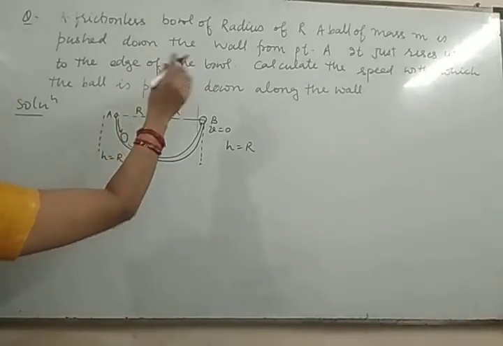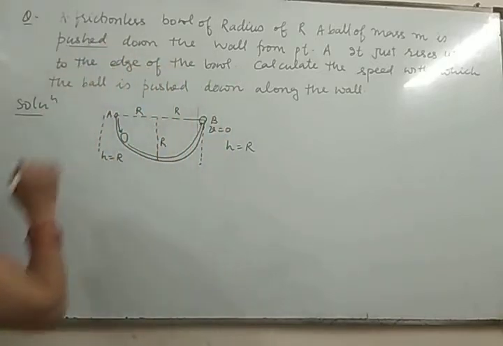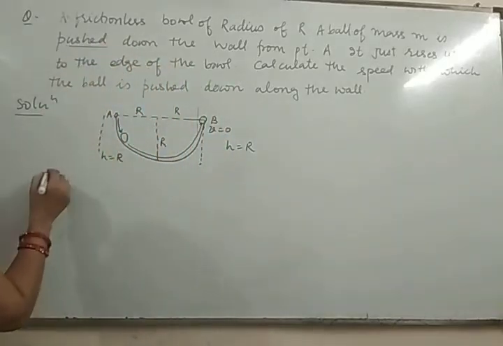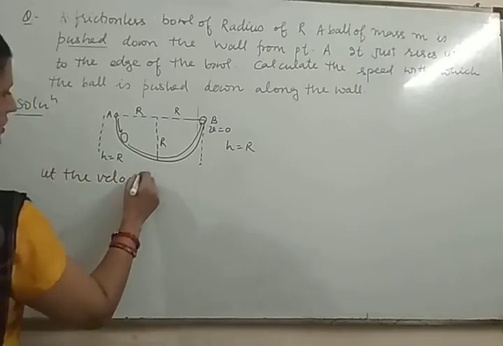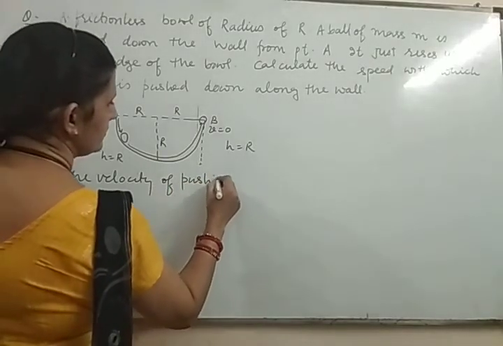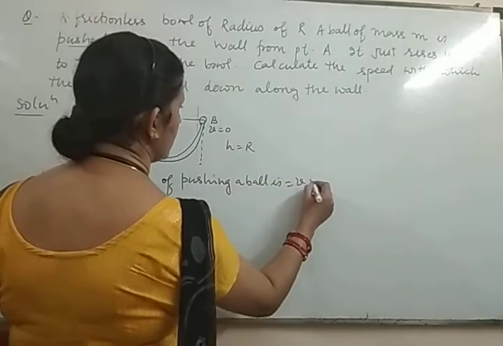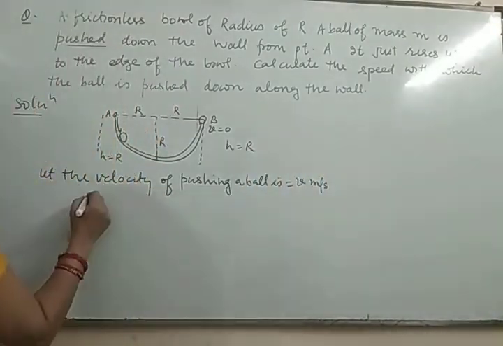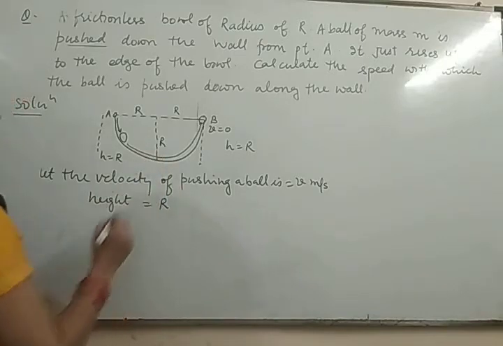The ball is pushed down, it means you have given some velocity to this ball. Let the velocity of pushing the ball be v meter per second, and the height of the ball in the hemisphere is equal to the radius.